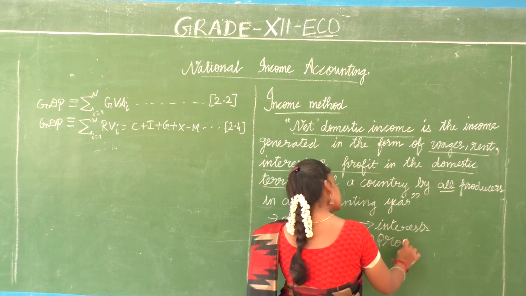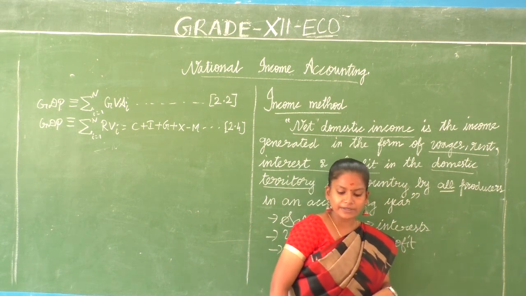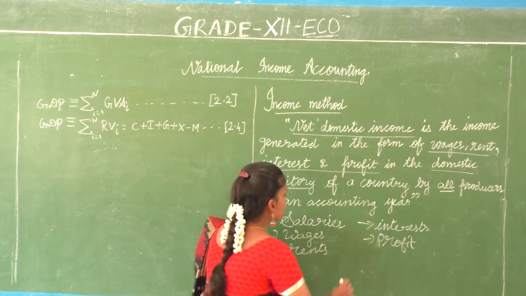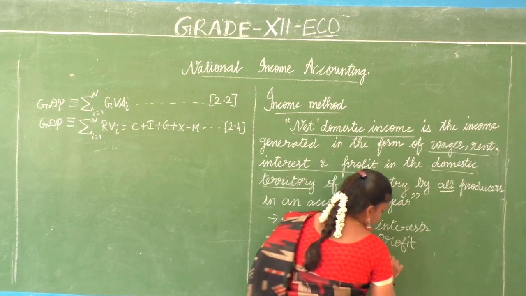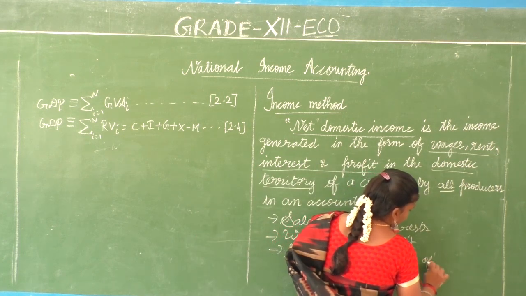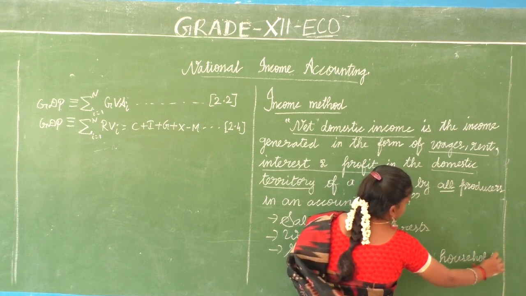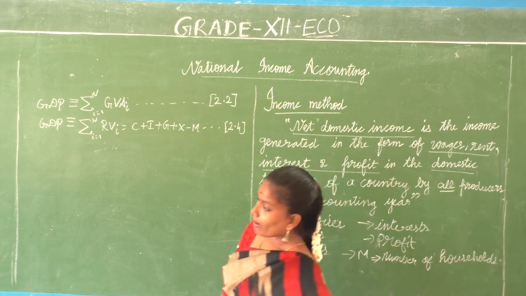All this is received by all producers in that particular economy. And M is what? M is the total number of households in an economy.